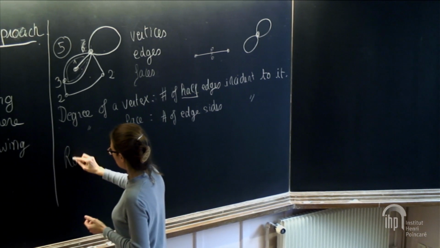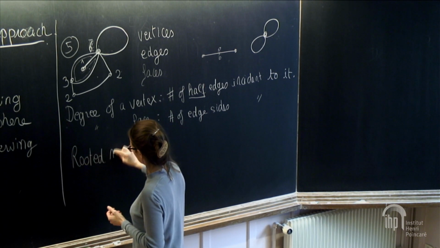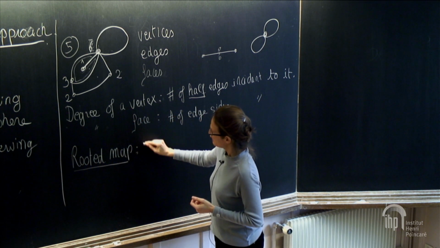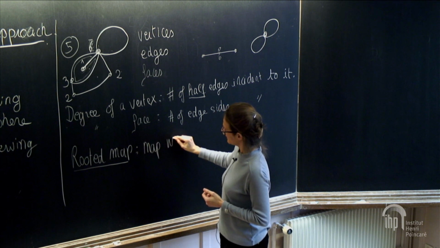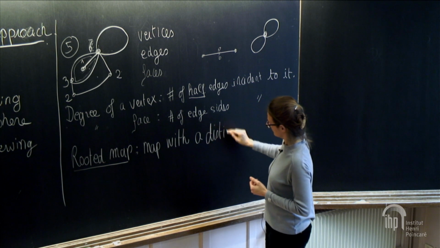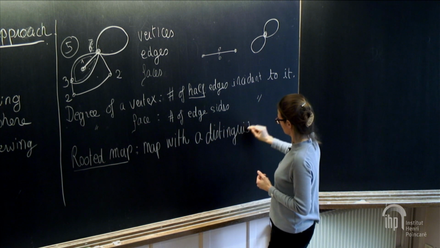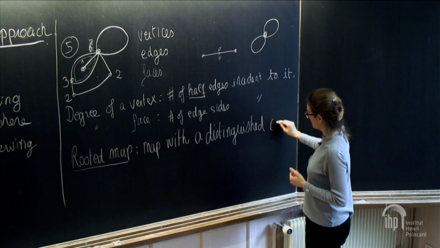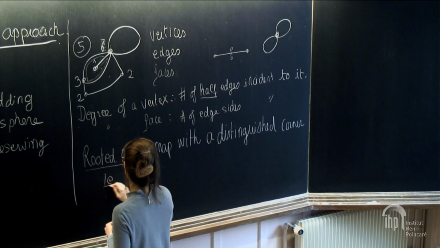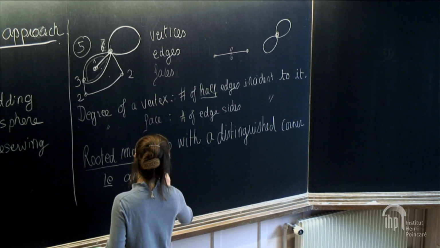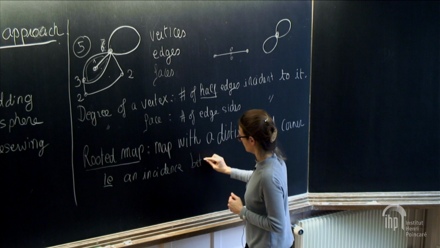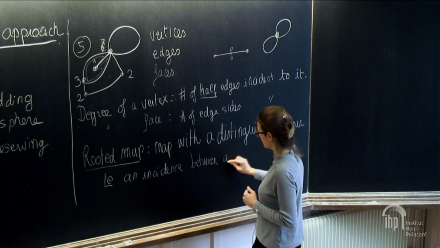So what is a rooted map? It's a map in which you distinguish a corner. And what is a corner? That's an incidence between a vertex and a face.